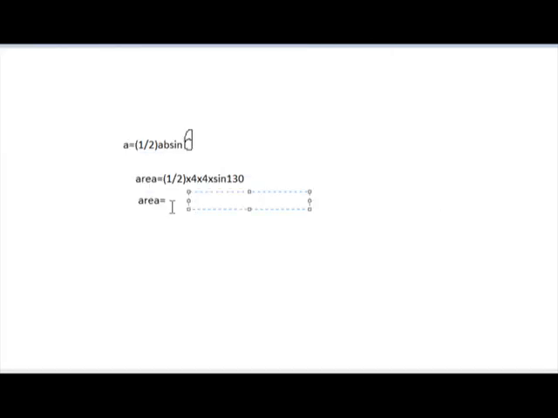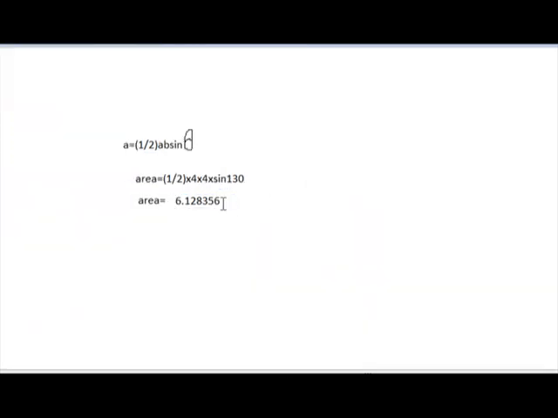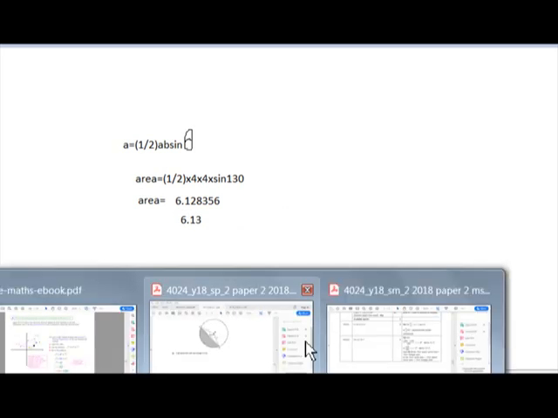Please check it out in your own time. 6.13 to 3 significant figures, or 2 decimal places. So that's the area of triangle POQ.